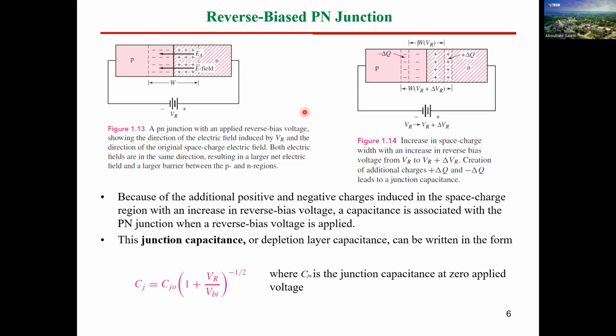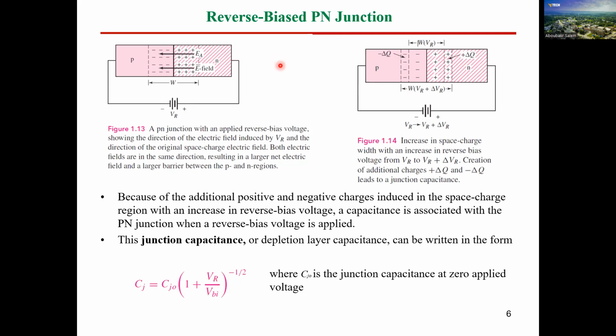The different ways of applying DC supply are either applying positive to P and negative to N, or the opposite, negative to P and positive to N.